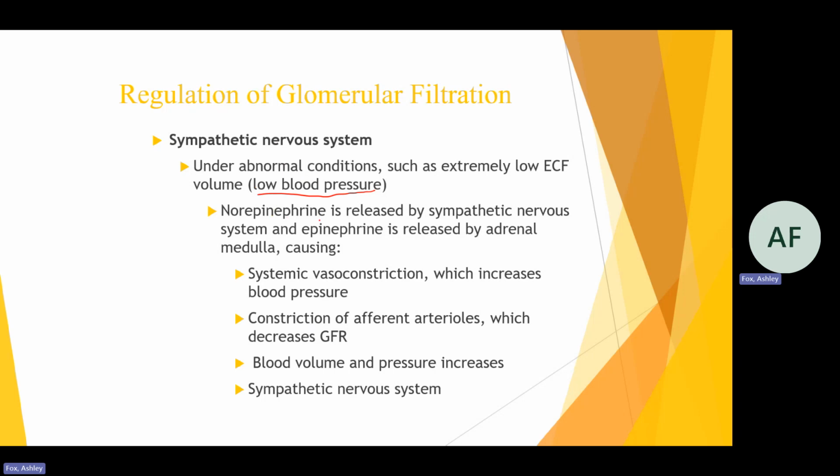Norepinephrine is going to be released by the sympathetic nervous system. Epinephrine is also released by the adrenal medulla, and that's going to cause, again, we're having low volume, low blood pressure. So low blood pressure is going to cause systemic vasoconstriction to increase that blood pressure.